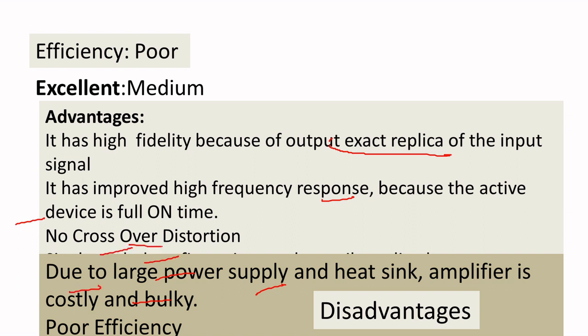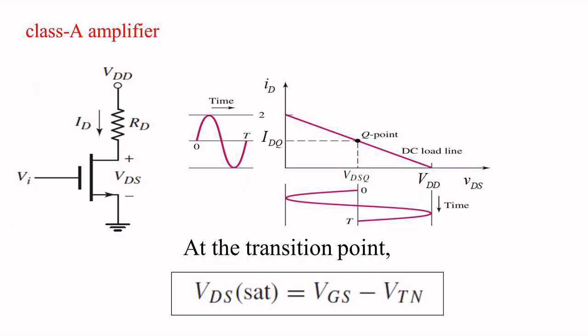That is one advantage: no crossover distortion in the class A amplifier. But the major drawback is that the circuit becomes very bulky and large, and the efficiency is very poor. That's why the class A amplifier is not preferred for most applications, only for selected applications.